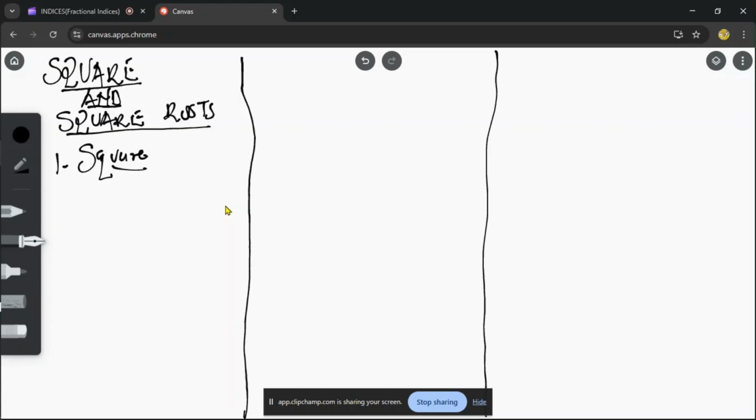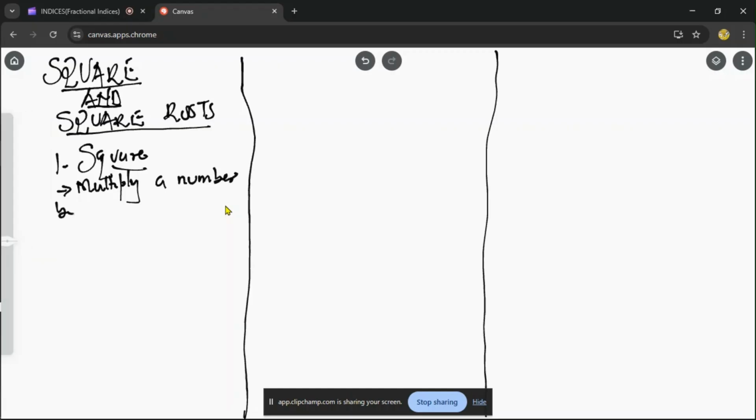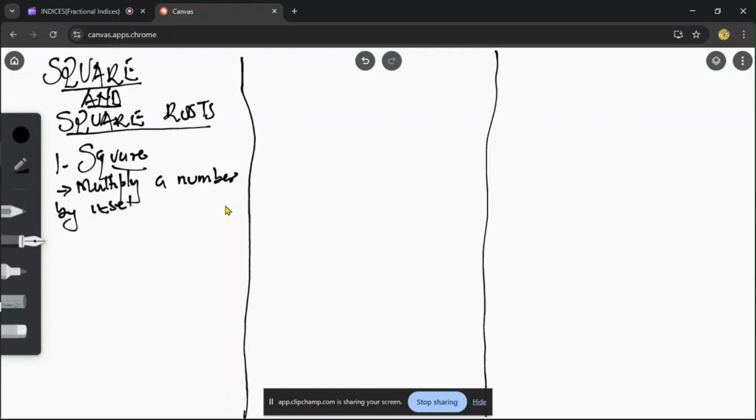When you talk about the square of a number, square means multiply a number by itself twice. That is the meaning of a square. When I talk about a square of a number, it means multiply a number by itself twice.